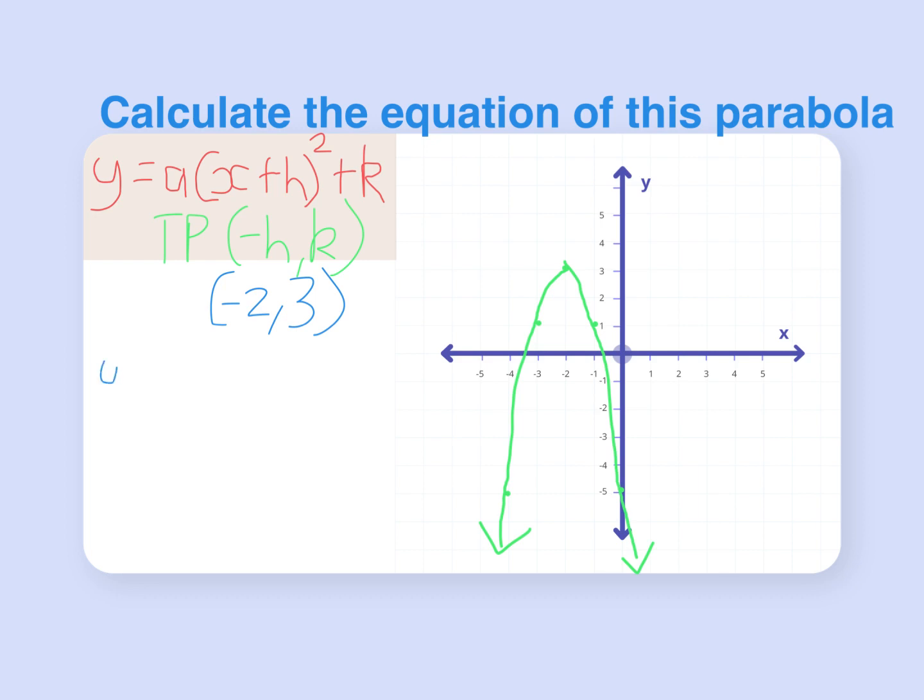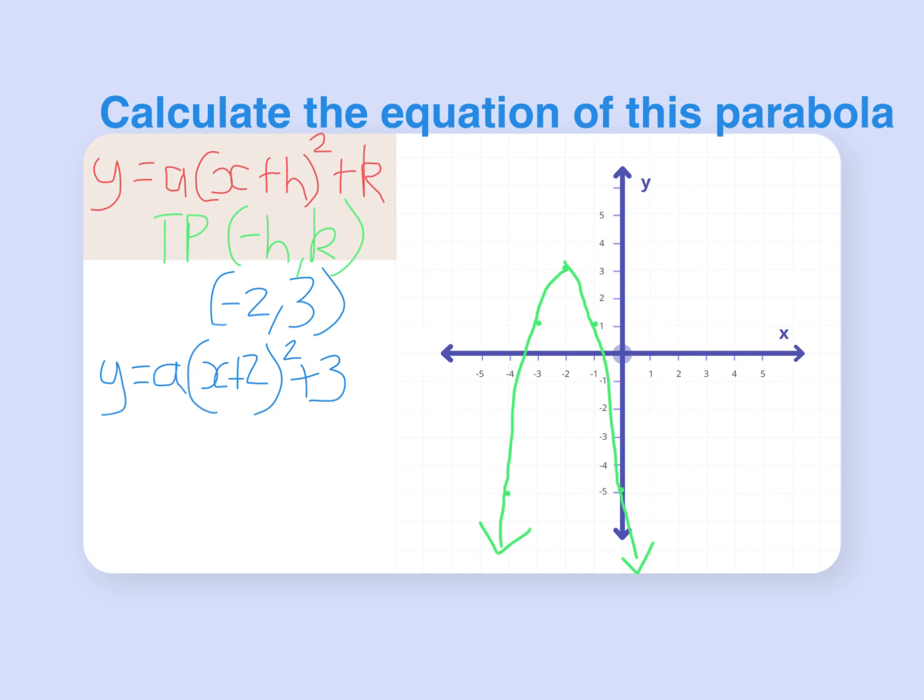So what we've actually found is that this will have equation y equals a(x plus 2) squared plus 3. Remember, with the turning point, this value and this value are always opposites. They're the same number, but a different sign. So we're almost there. We found h and k, but we need to find a.